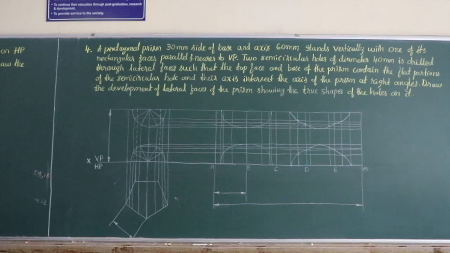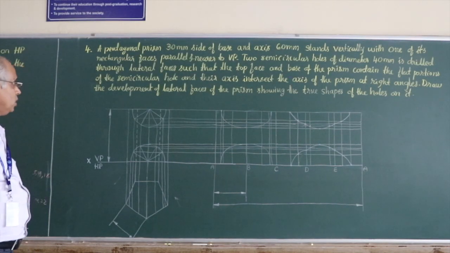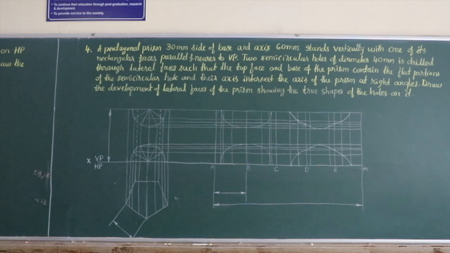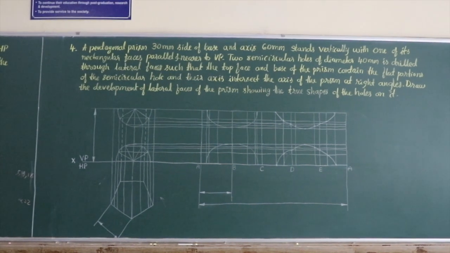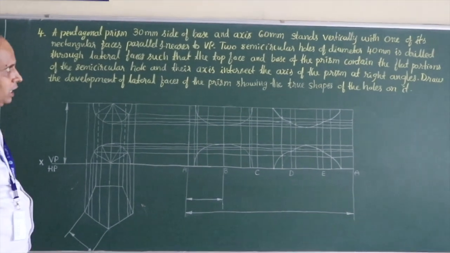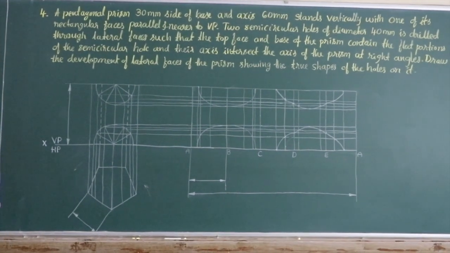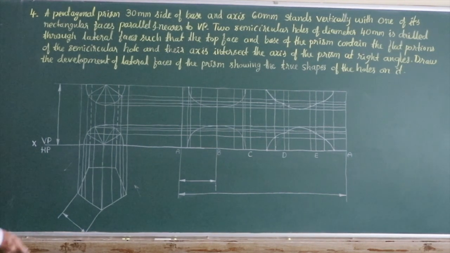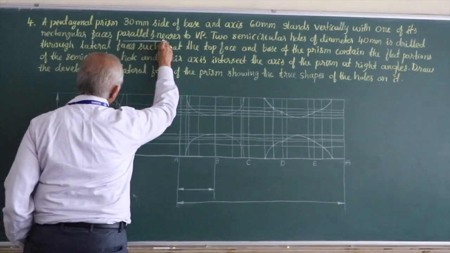We'll go on to the next problem, which is problem number 4. A pentagonal prism, 30 mm side of base and axis 60 mm, stands vertically with one of its rectangular faces parallel to and nearer to VP.